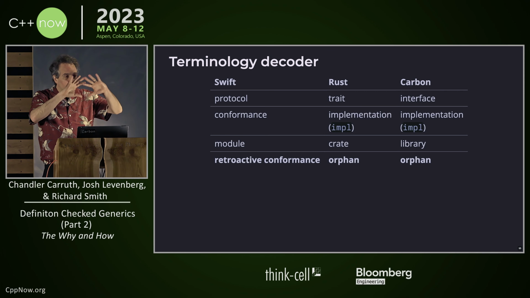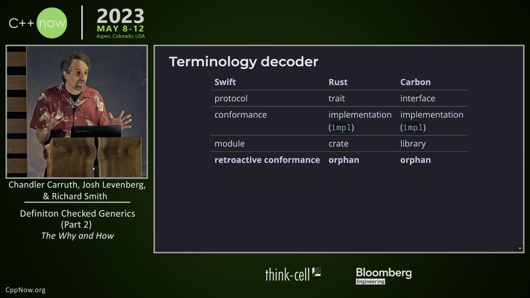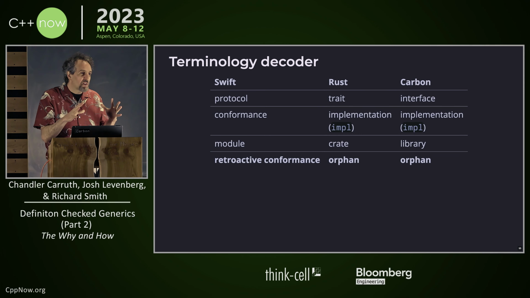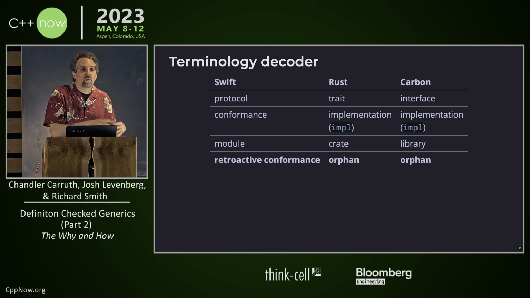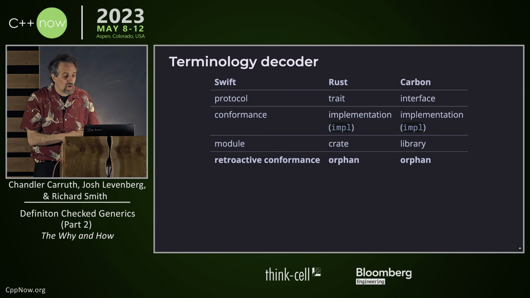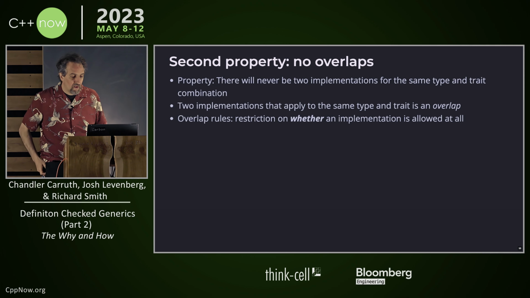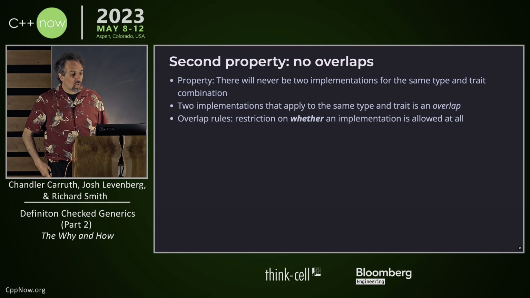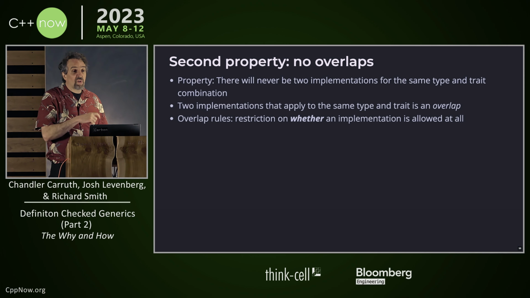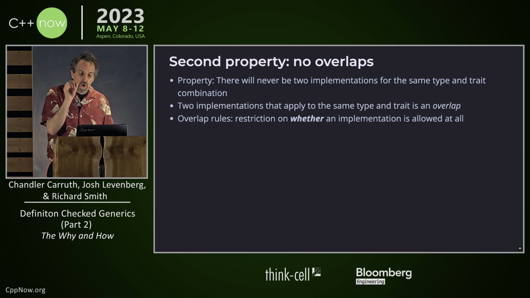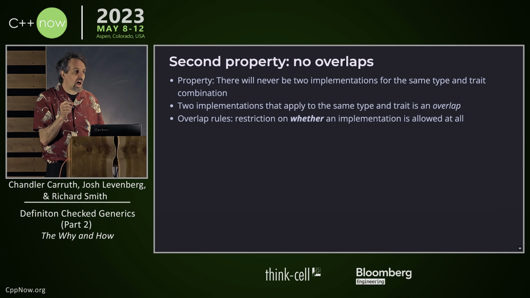Adding to our terminology decoder ring one more time, retroactive conformance in Swift corresponds to an orphan in Rust or in Carbon, which I'll get to later. Rust also has an overlap rule, and that overlap rule says that no two implementations may apply at the same time.